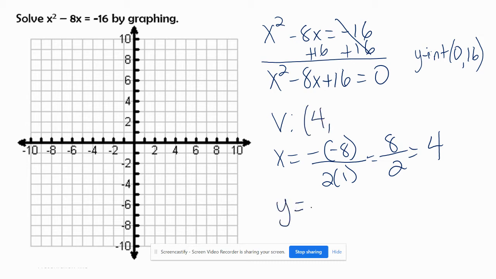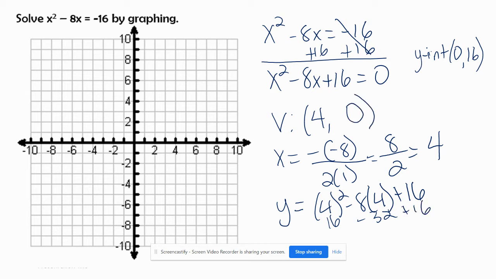We plug that in for our y, 4 squared minus 8 times 4 plus 16, and gives us 16 minus 32 plus 16, which is 0. So a vertex of 4, 0, and 0, +16 is way up here.